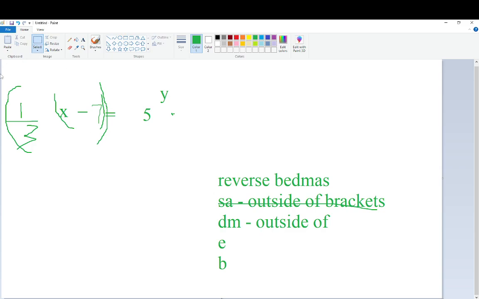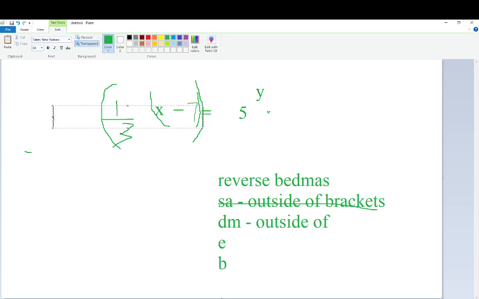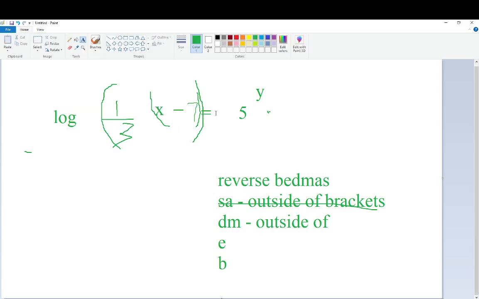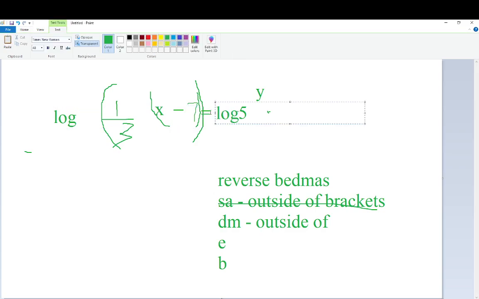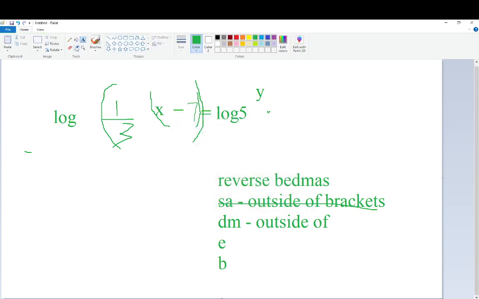Then, of course, we have to take a log of both sides here. It's the same steps as before. Then you're allowed to take the y and put it in front as a multiplier.